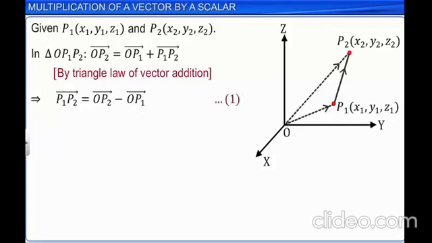If vectors i, j, and k are unit vectors along the x, y, and z axes, respectively, then vector OP1 in component form is given by x1 into vector i plus y1 into vector j plus z1 into vector k.